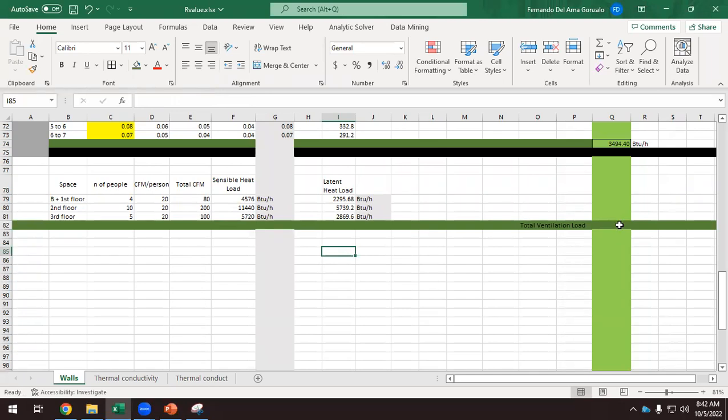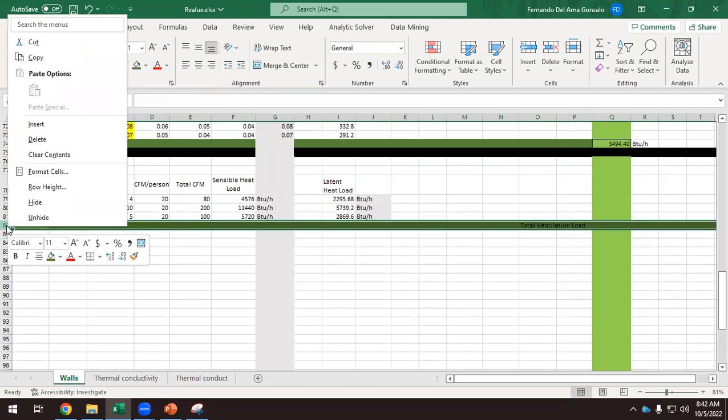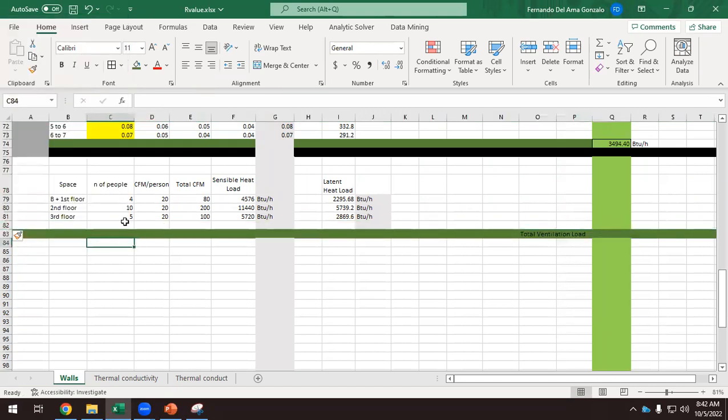So now I have to add everything up here. I think it would be even nicer if I insert a new layer here. So here I can have the total sensible, and here I can have the total latent.